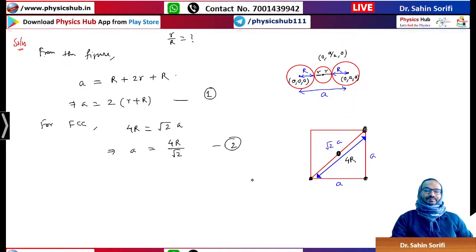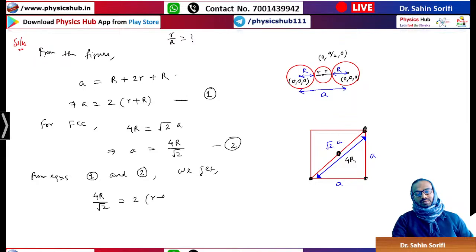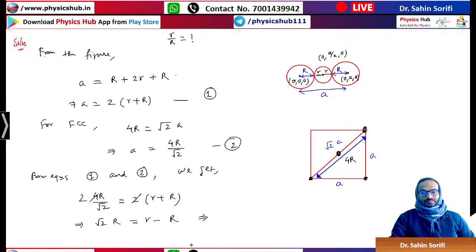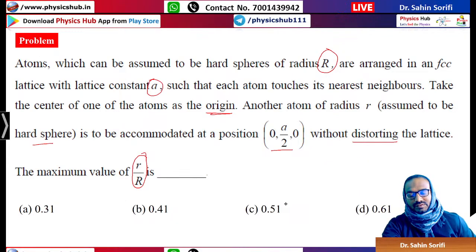So if they both are equal, from equations 1 and 2 we get 4R by root 2 is equal to 2r plus capital R. This is 2 root 2 R, so root 2 capital R is equal to r plus capital R. Sorry, so root 2 minus 1 capital R is equal to small r.